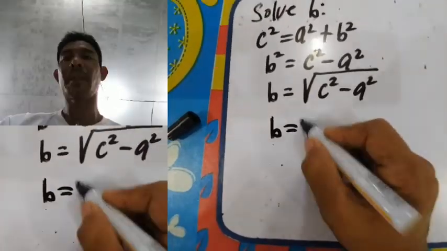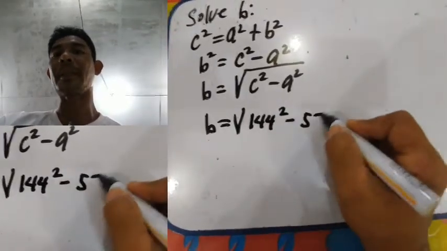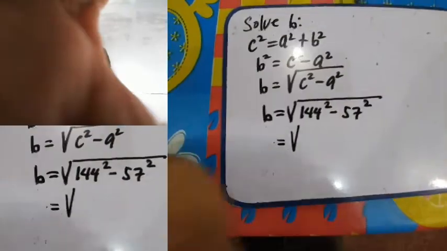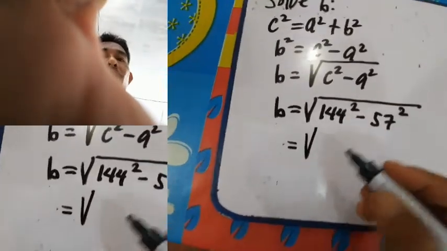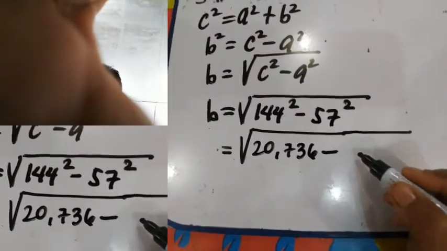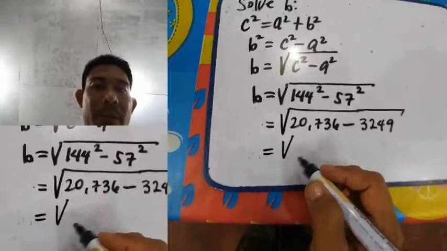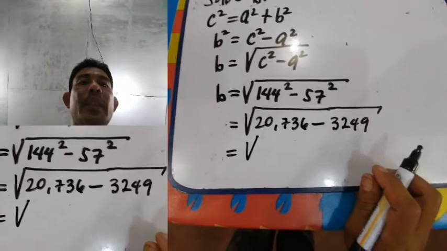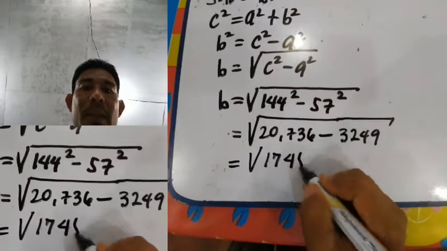B equals the square root of 144 squared minus 57 squared. 144 squared is 20,736, minus 57 squared is 3,249. 20,736 minus 3,249 is 17,487.